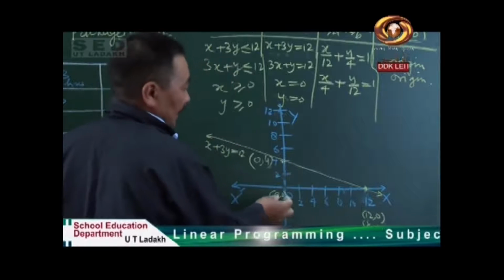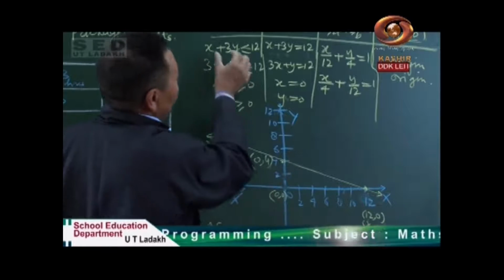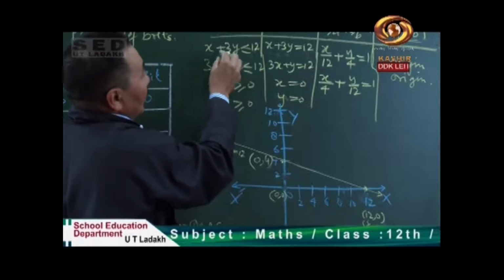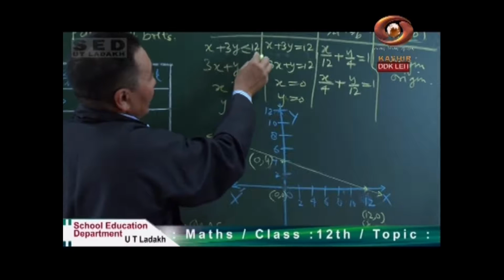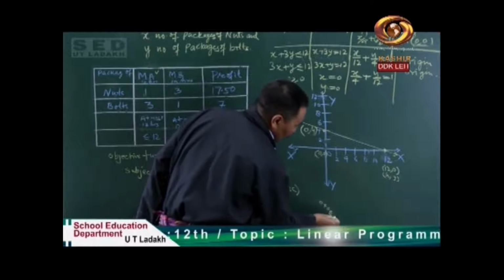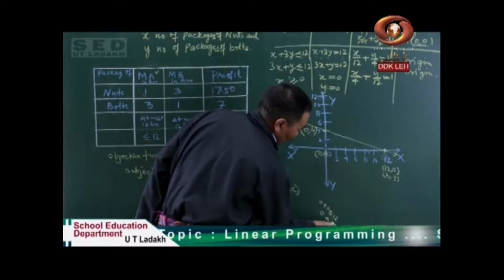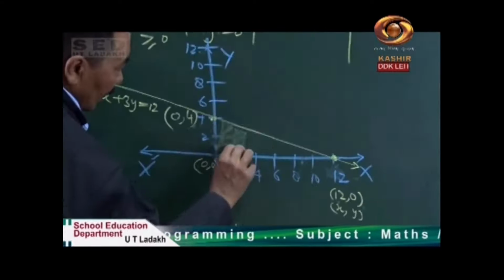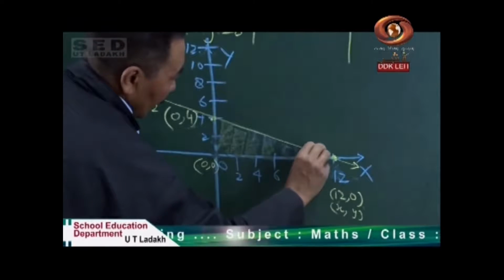If you use it here, then that will be less than 12, which means our statement is true. 0 plus 0 is less than or equal to 12. That's why we shade it towards the origin side.